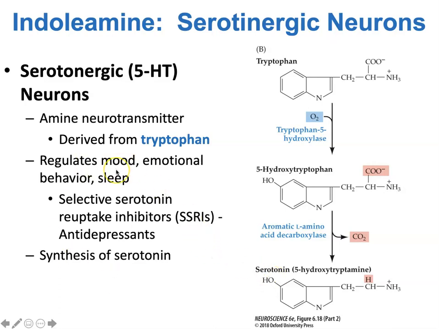Remembering that these neurons are found in the raphe nuclei of the pons and of the upper brainstem, and that they're going to project axons to the forebrain.